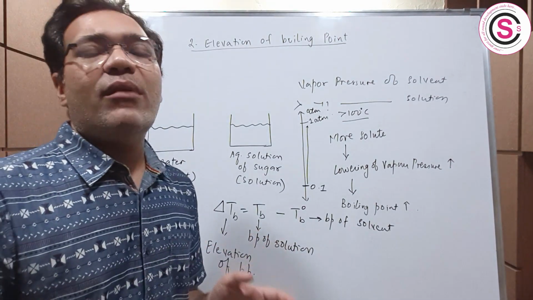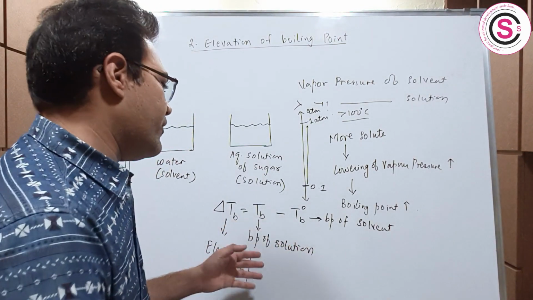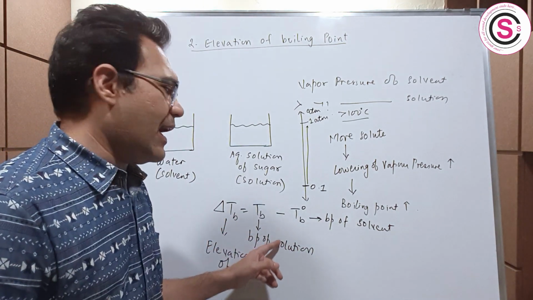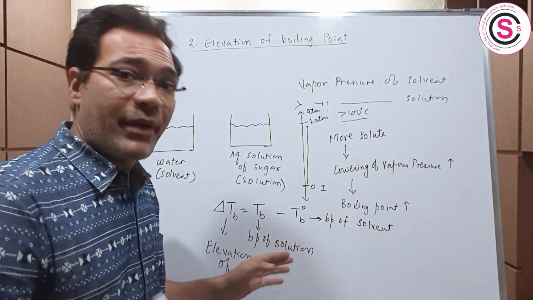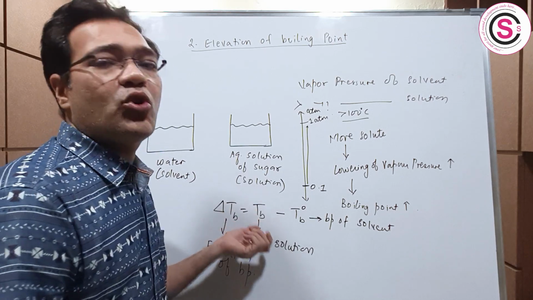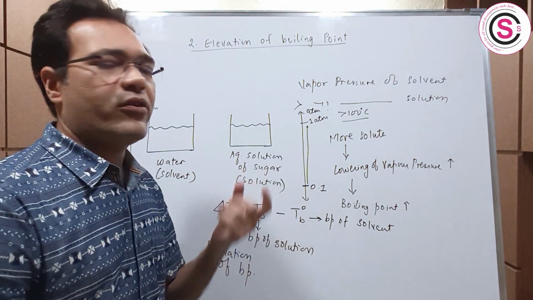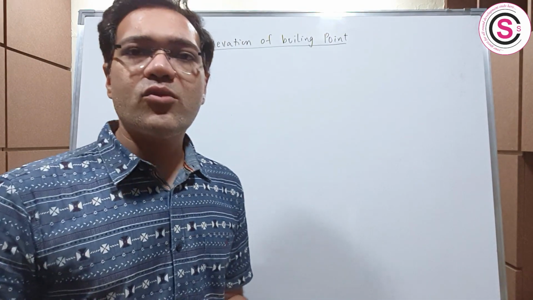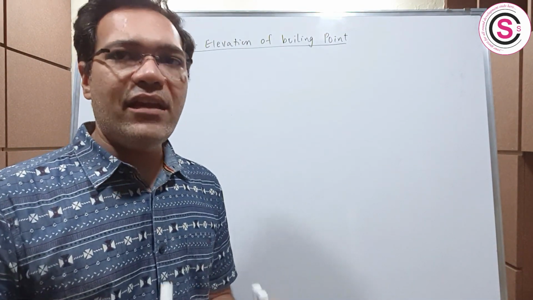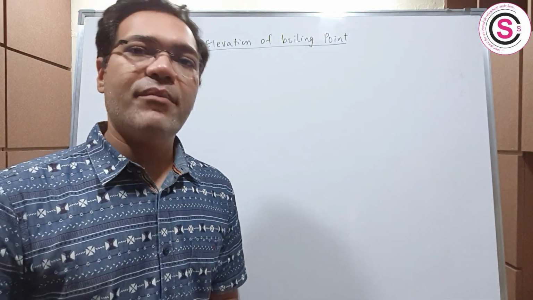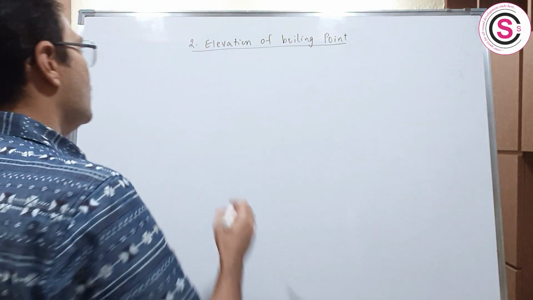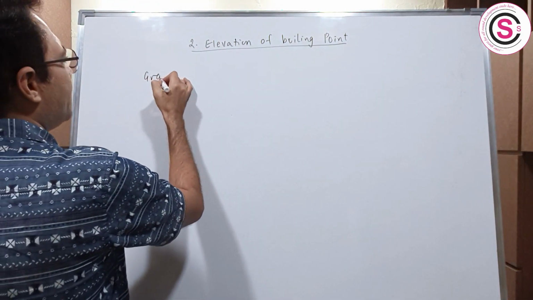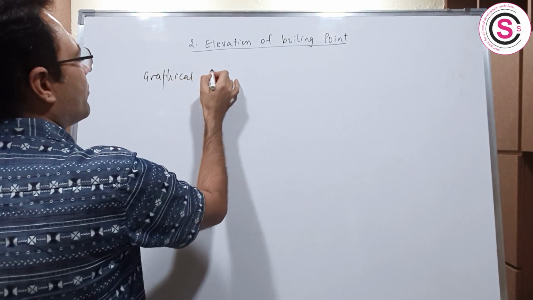So elevation of boiling point is nothing but the difference between the boiling point of the solution and the boiling point of the solvent, because the boiling point of the solution will always be more than the boiling point of the solvent. Now students, let us understand the elevation of boiling point concept by means of a graph. So I will explain it to you in graphical form.